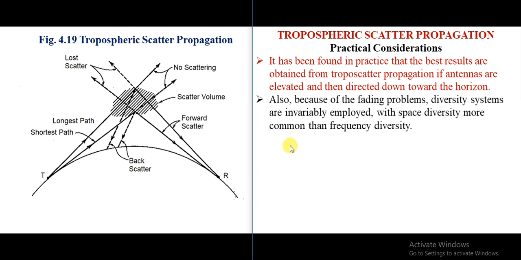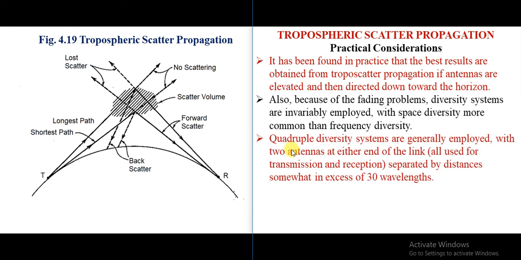Also, because of the fading problems, diversity systems are invariably employed, such as space diversity, which is more common than frequency diversity. To make one clarification, the transmitting antenna can act as a receiving antenna, and the receiving antenna can act as a transmitting antenna.